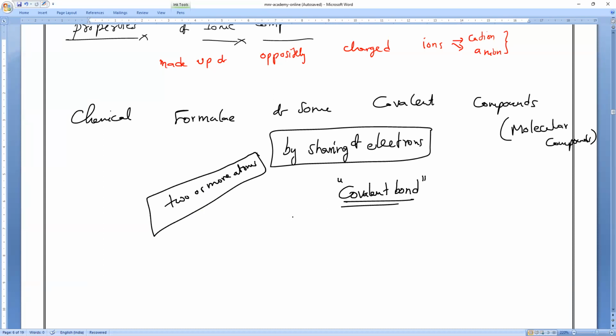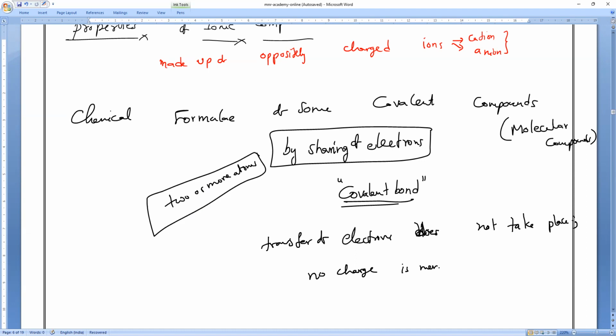During formation of the compounds, electrons are not transferred. So no charge is mentioned on the atoms. Do you all understand?